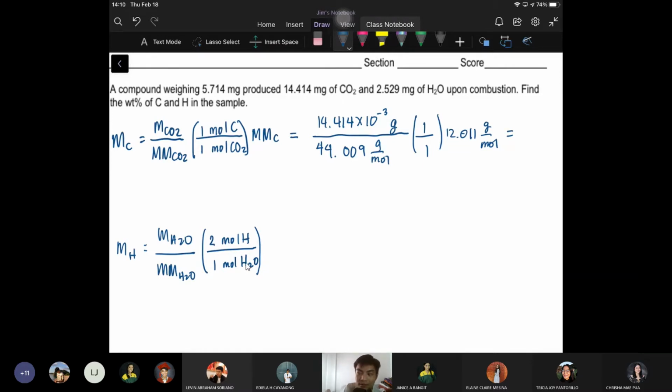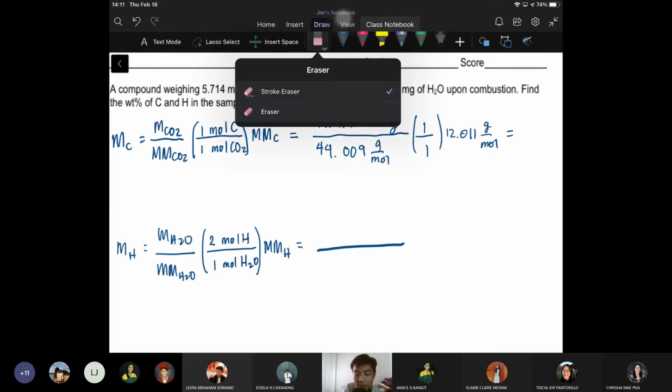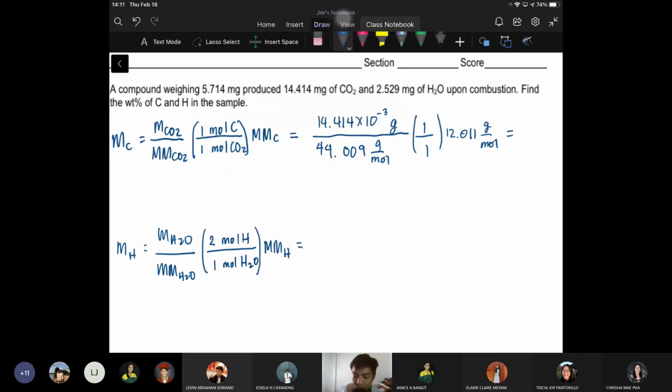Okay. So by multiplying these two fractions here, we get the moles of hydrogen. Then finally, we multiply it by the molar mass of hydrogen, so we will get the mass of hydrogen. Let me plug in the values. Okay, so ito yung milligrams of water. Convert na natin yan into grams.